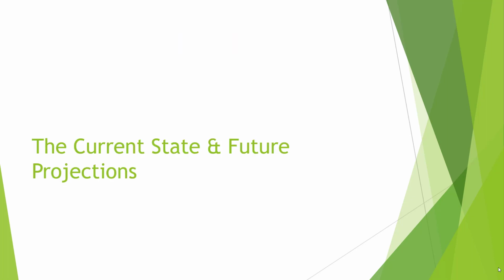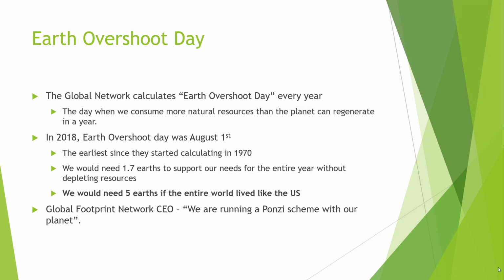So the current state and future projections, just like we did with climate change, you can do the same thing with resources. So you have Earth Overshoot Day. The Global Footprint Network calculates the Earth Overshoot Day every year. This is the day when we consume more natural resources than the planet can regenerate in a year.